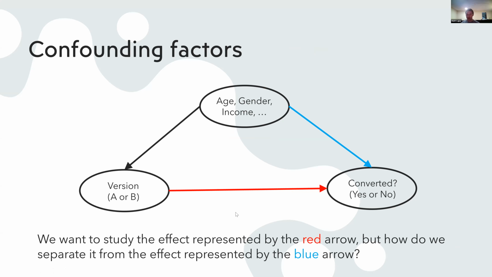Imagine that instead of the two versions and seeing if someone clicked the button or not, we have a drug that we're giving to people, and they'll either take the drug or take a placebo. Say they have some condition, and we want to know if they get better or not. And again, all these factors listed in this top bubble would influence that type of experiment as well.